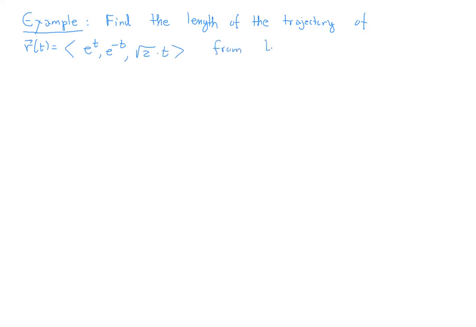Find the length of the trajectory of r of t equals e to the t, e to the negative t, square root of 2 times t, from t equals 0 to t equals ln of 2, and give the answer in a nice way.